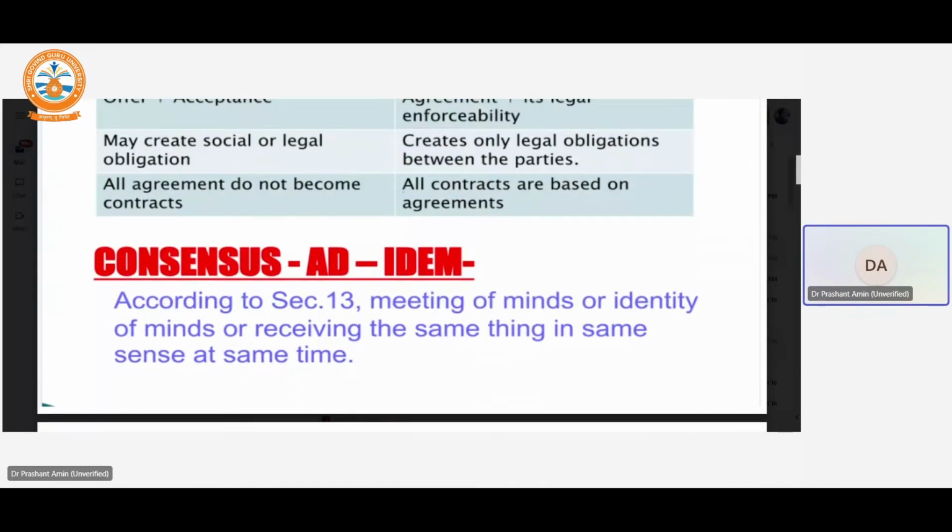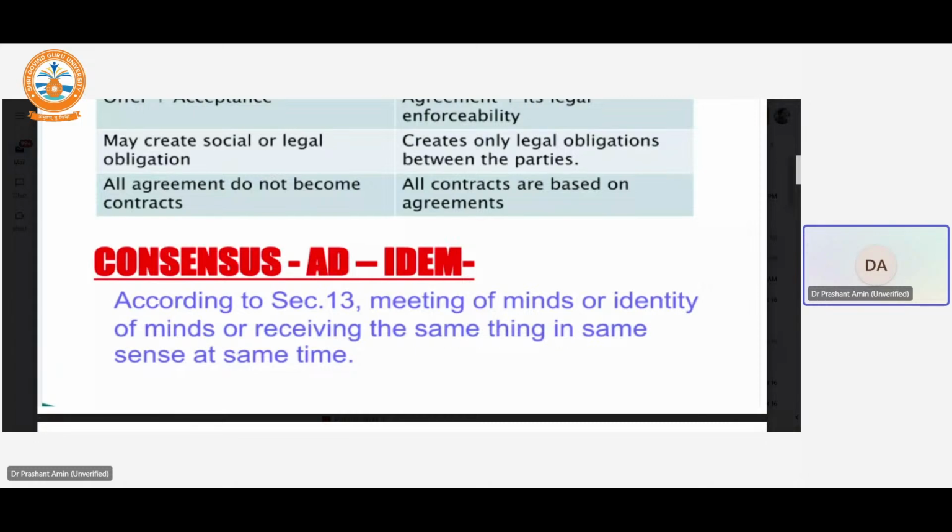Sometimes in the examination it is asked about consensus ad idem, that is the Latin term described in section number 13 of the Indian Contract Act. You need to understand the meaning: the meeting of the minds, or the identity of the mind, or receiving the same thing at the same time in the same sense, which means it fulfills the contractual elements of offer, acceptance and consent, or the capacity of the contract.